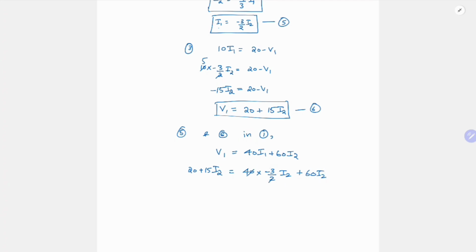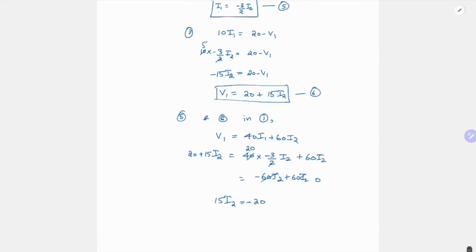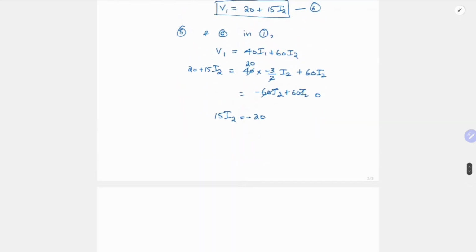So the 2 and 40 give 20, so here we have minus 60 I2 plus 60 I2. So this becomes 0. So we only have 15 I2 is equal to 20 minus 20. So what is my I2? My I2 is nothing but minus 20 by 15. So my I2 is minus 4 by 3.